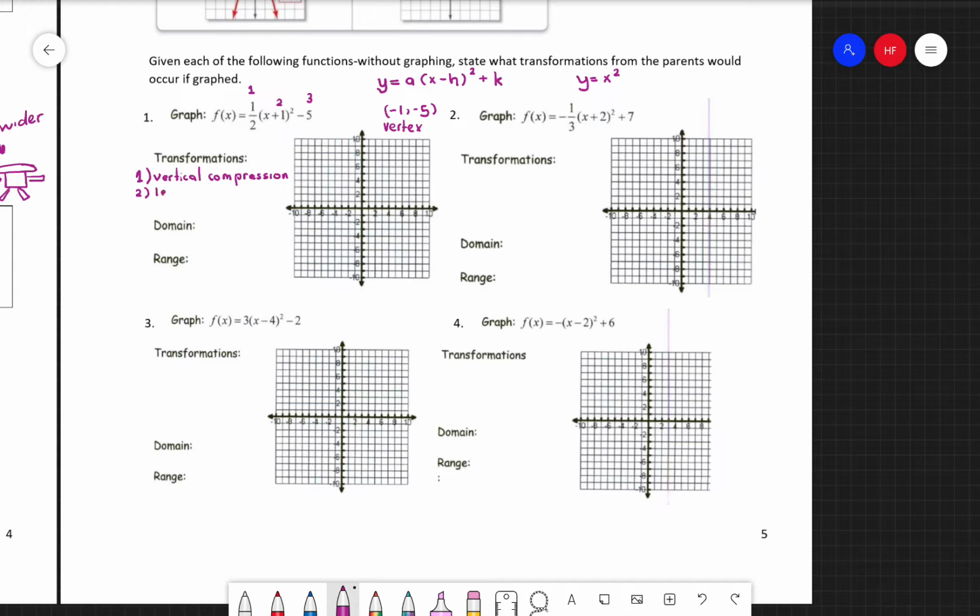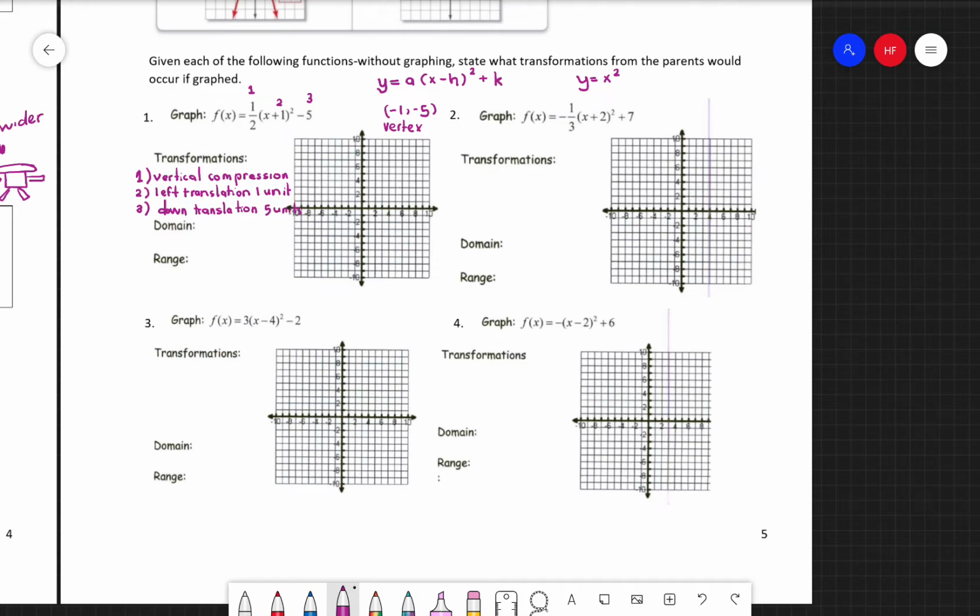So we have a left translation, 1 unit. And then the third transformation we have is at -5, which is a down translation, 5 units.